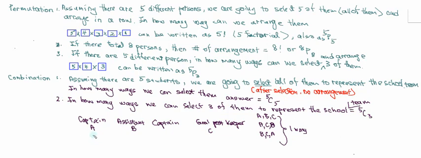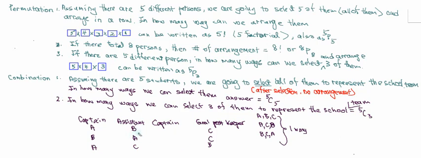Then versus, let's say you put B here, you put A here, you put C here, or you can put A here, C here, B here. You can continue to do more of that. Okay, there are actually six ways you can arrange.